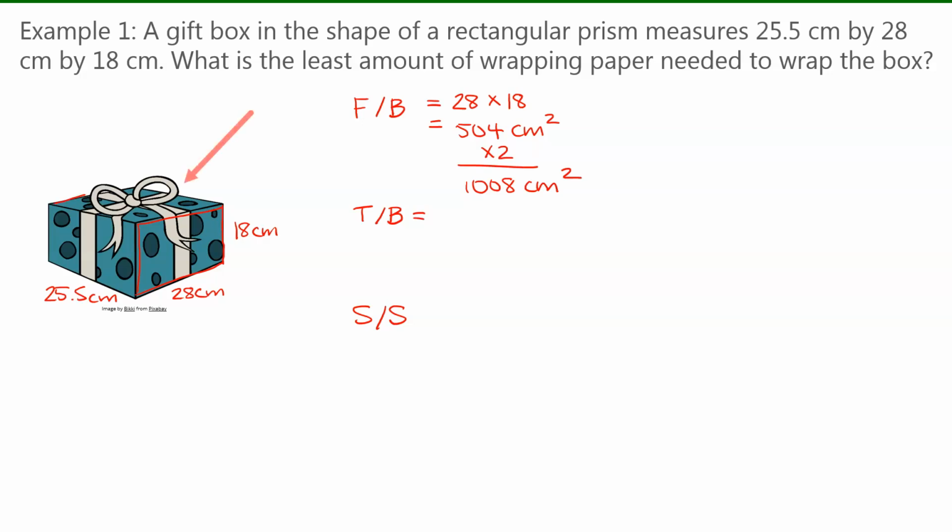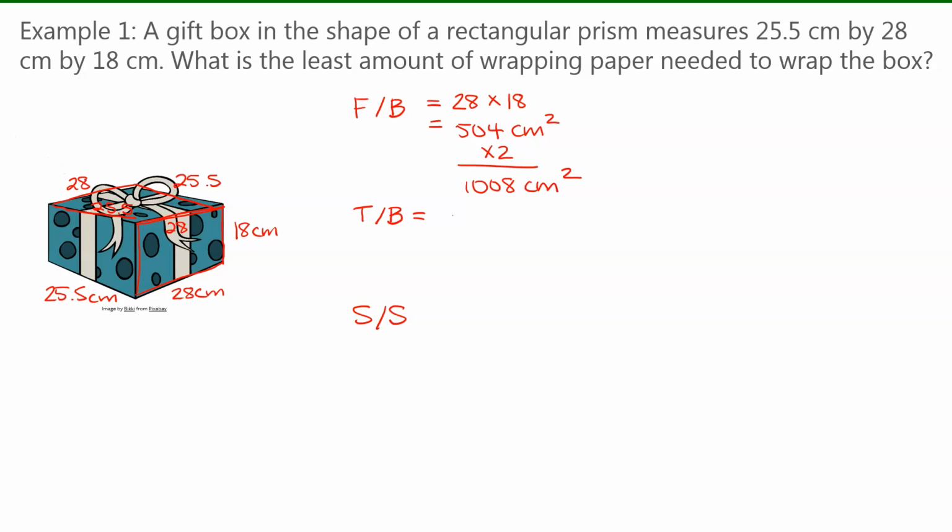So the top and bottom is this piece here, or whatever you're going to call the top and bottom. So this down here is 25.5, which means right here is also 25.5. This is 25.5. This is 28, so this is 28, and this is 28.